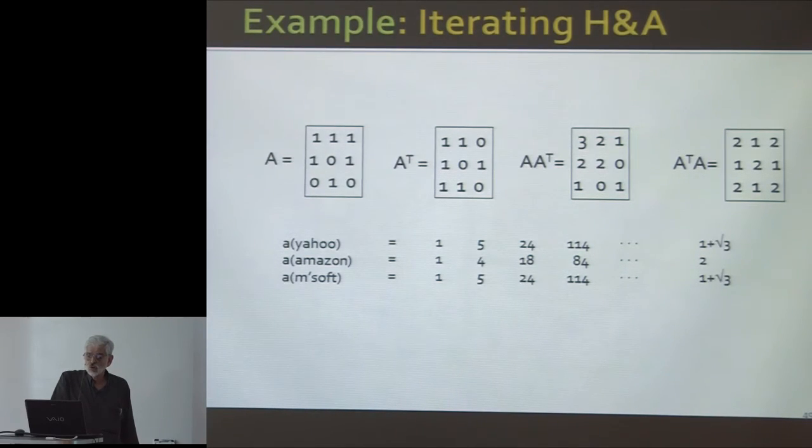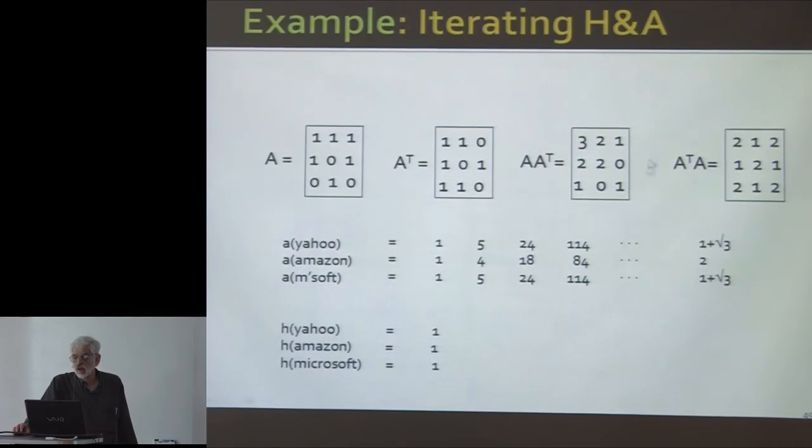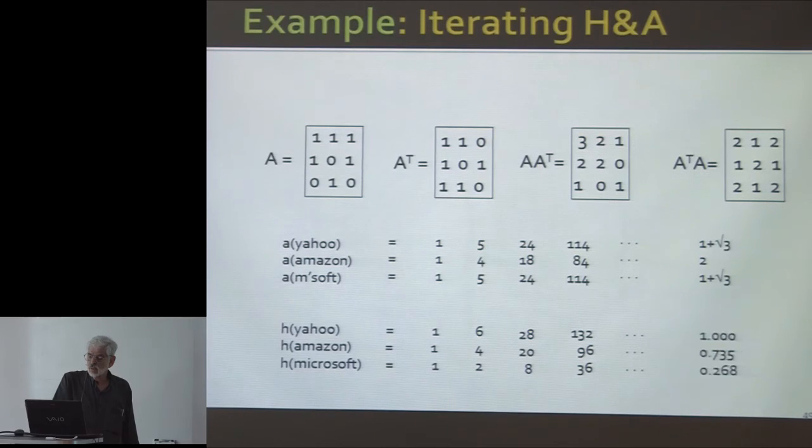I could also do hubbiness, start with 1, 1, 1, and now multiply by this matrix. And I do that, I get these numbers. And, well, again, to some scale, I'll get these. It says that the hubbiness of Yahoo is higher than that of Amazon, which is higher than that of Microsoft.